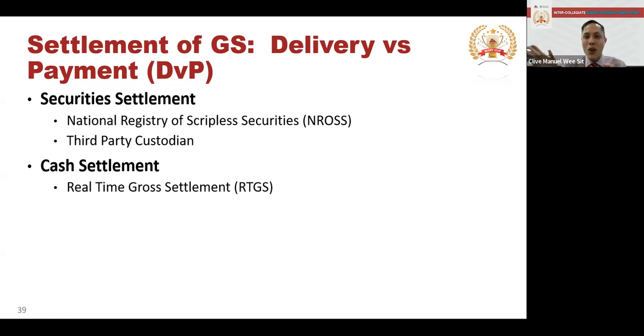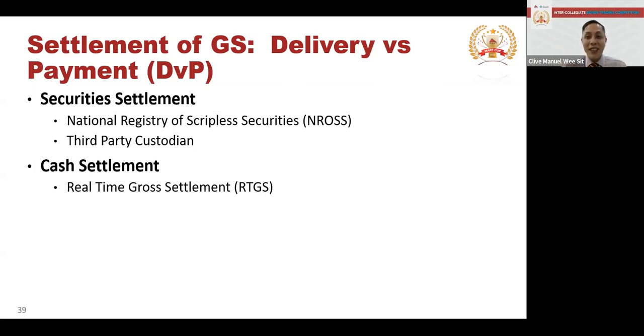And then simultaneously, once the cash is transferred to BDO, BDO will then instruct their operations team to transfer the securities from the NROS account of BDO to the NROS account of BPI.